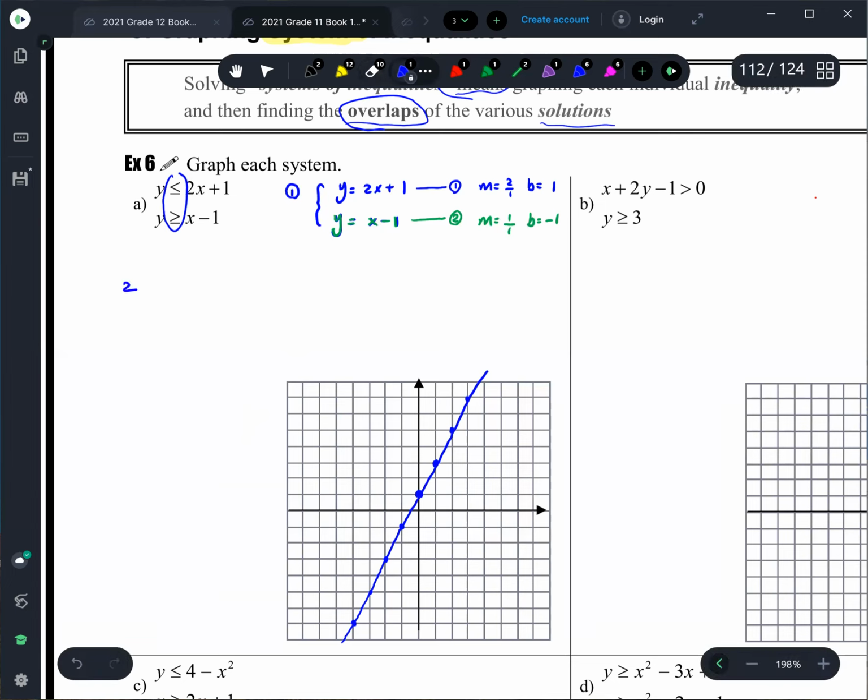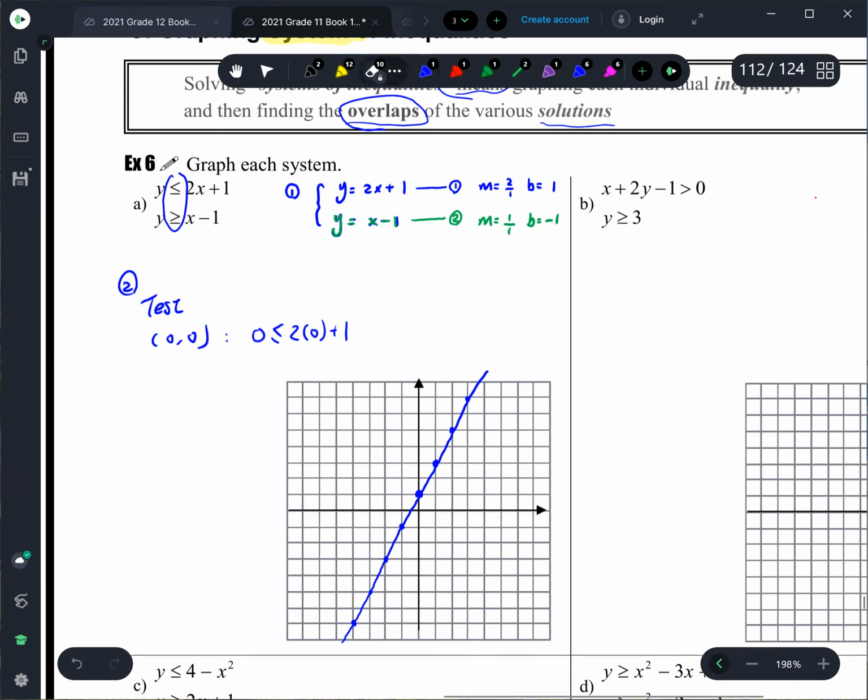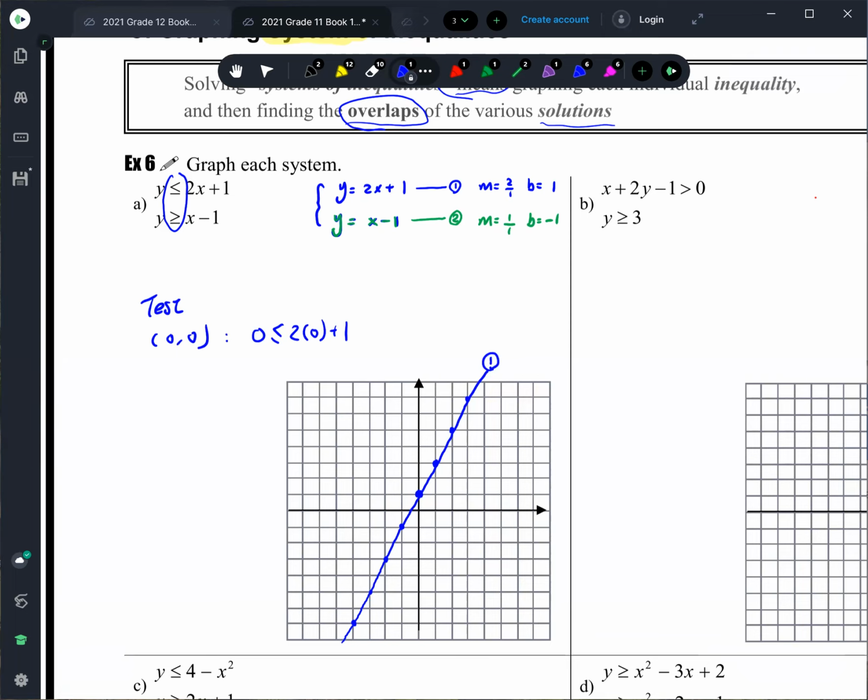Step 2 is to test. We're going to test 0, 0 for the first line. We plug it in. This is our line 1, right? So for 0, 0, is it true or false?